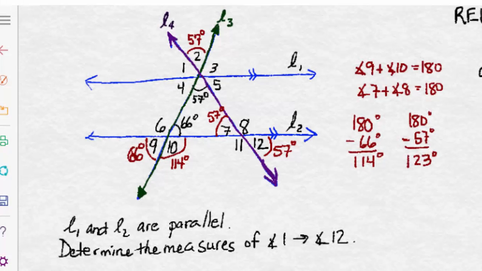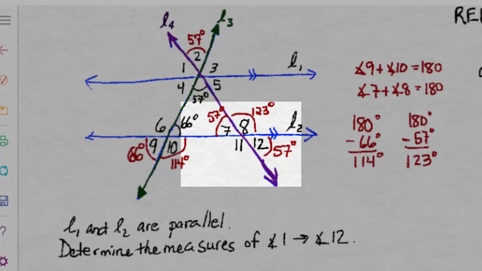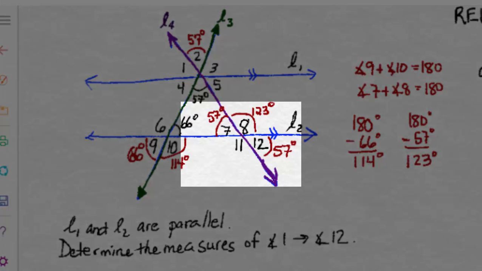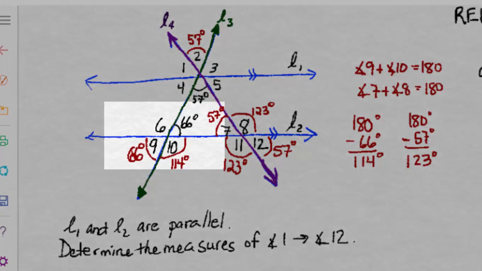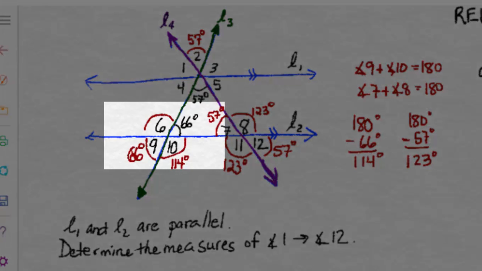Subtracting 180 minus 57 degrees, we have that angle 8 must be 123 degrees. Notice that now we have a couple more sets of vertical angles. Angle 8 is a vertical angle for angle 11. So let's go ahead and fill in that angle 11 is equal to 123 degrees, just like angle 8. And angle 6 is the same as angle 10 by vertical angles, 114 degrees.